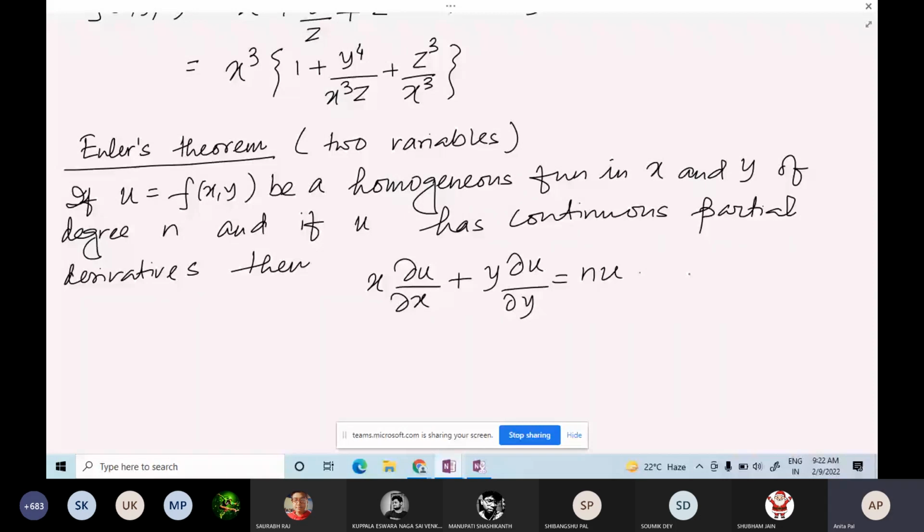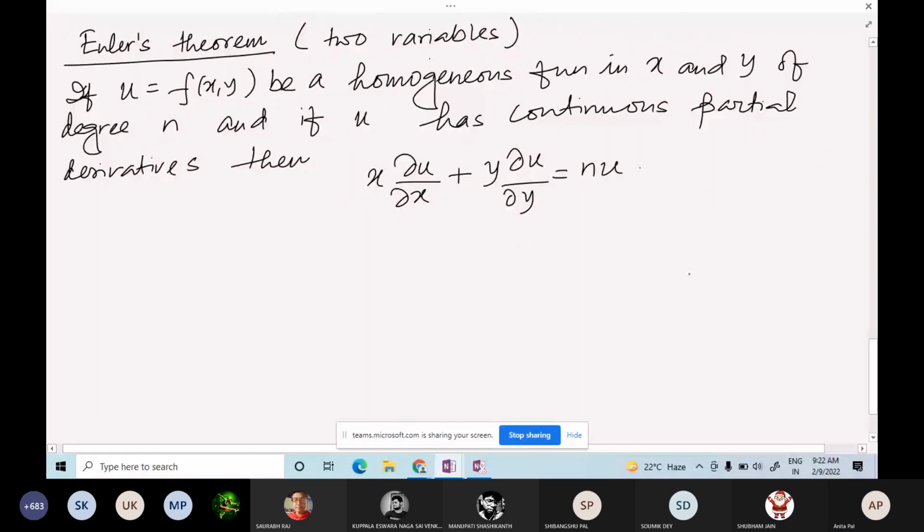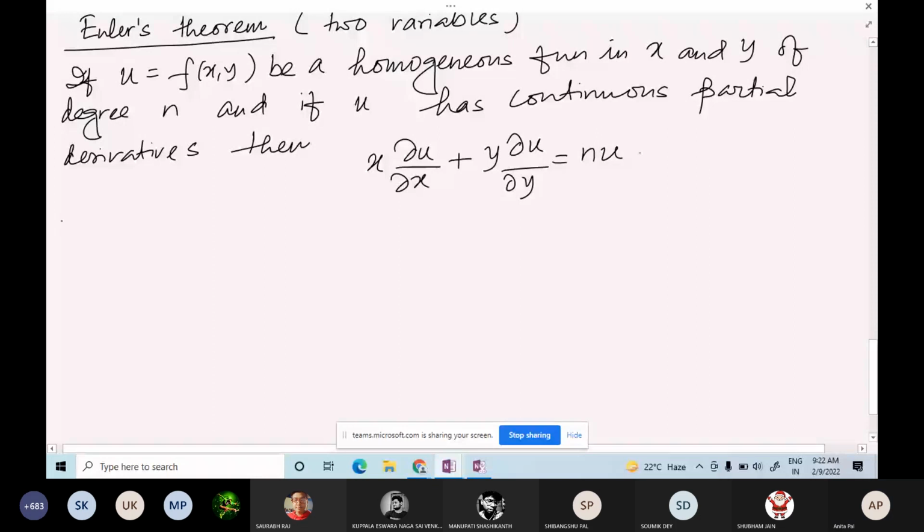Now we'll prove this one. Very simple proof. Since u equals f of x y is a homogeneous function in x y of degree n, we can write u equals x to the power n phi y by x.